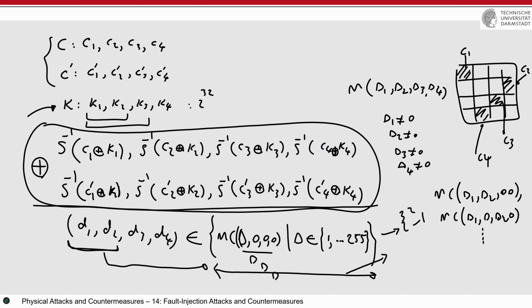I can restrict, for example, the effect of the fault and say, I may change 1 byte, I may also change 2 bytes, I may also change 3 bytes, but I'm pretty sure that 4 bytes are not faulty. Then still the attack is possible, although with many pairs. And this is the effect of having a general fault model or a very specific fault model.